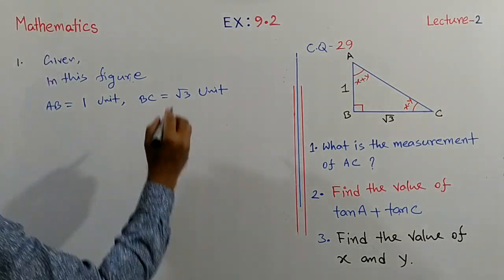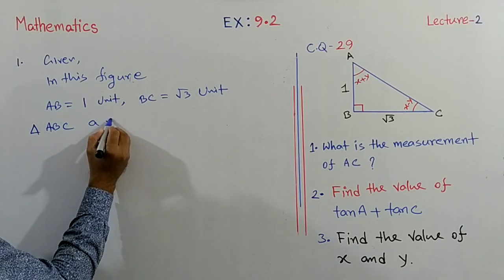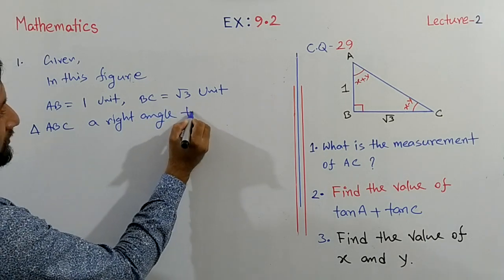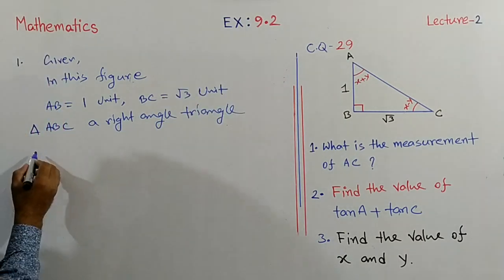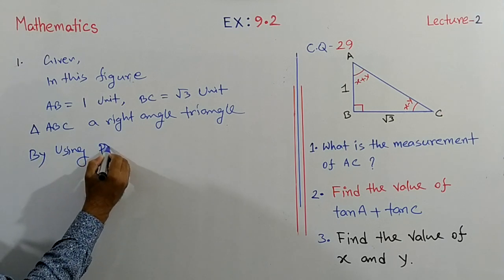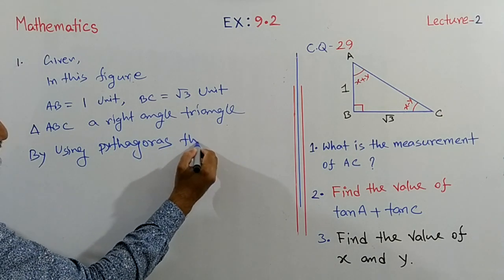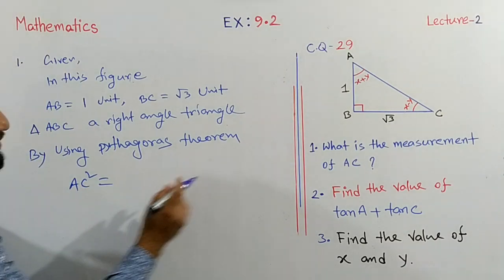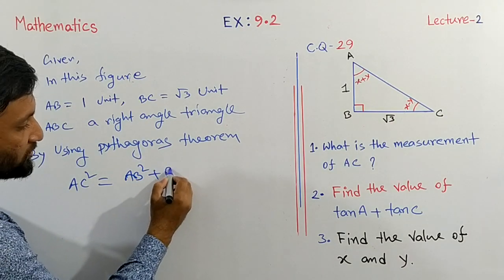So by using the Pythagoras theorem, we know the hypotenuse square, AC square equals AB square plus BC square.